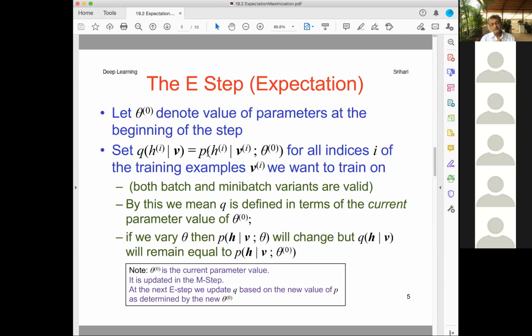Note that if we change the value of theta, then P will change, but Q has been fixed to the original value you have. In the M step, we're going to change theta and come back. But in the E step, Q is set to whatever the current value is given by the network.